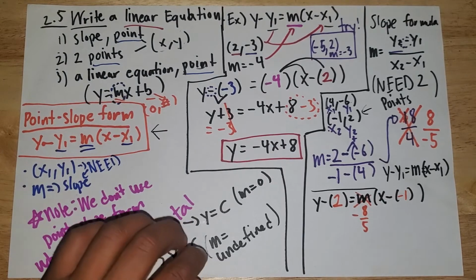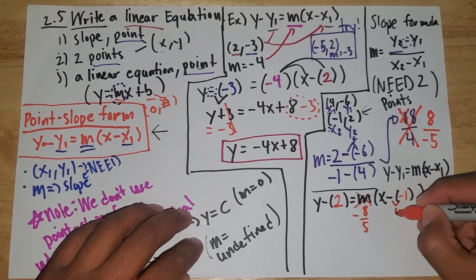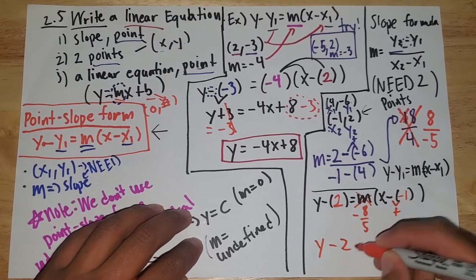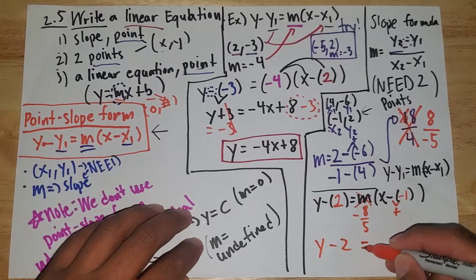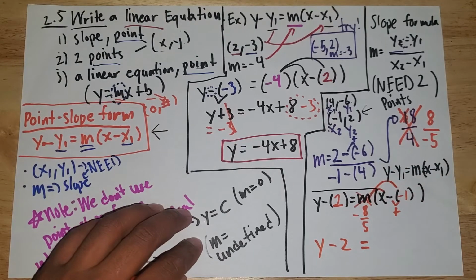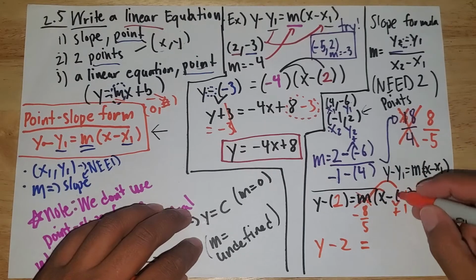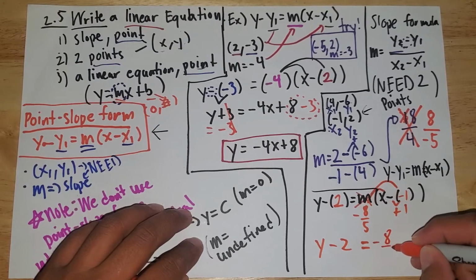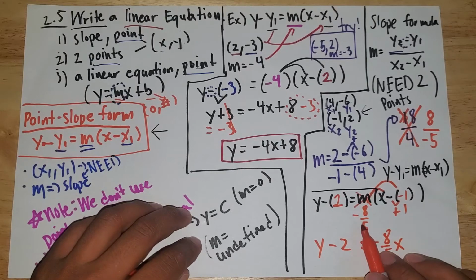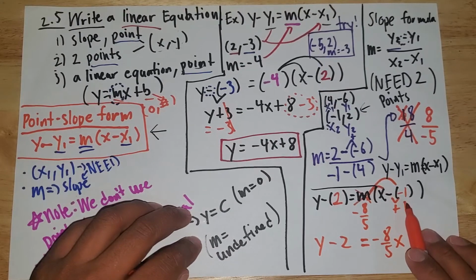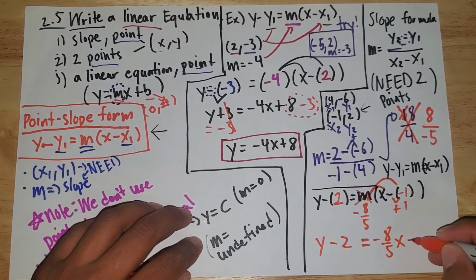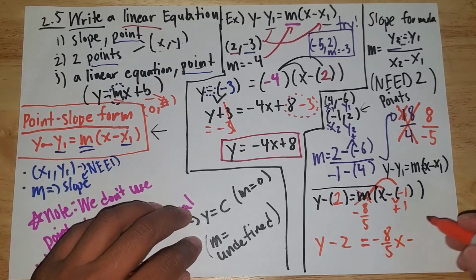So I know these are going to become positive. That's going to leave me with y minus 2, because nothing's simplifying on this left-hand side. And then I have to distribute this to both of them. So there's going to be negative 8 over 5x. But then I have to multiply this 1 by negative 5/8. And 1 times anything always leaves you with the same number.